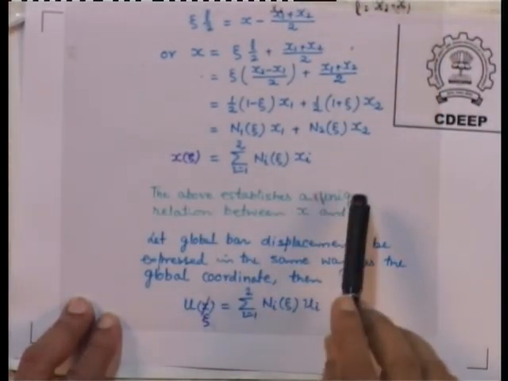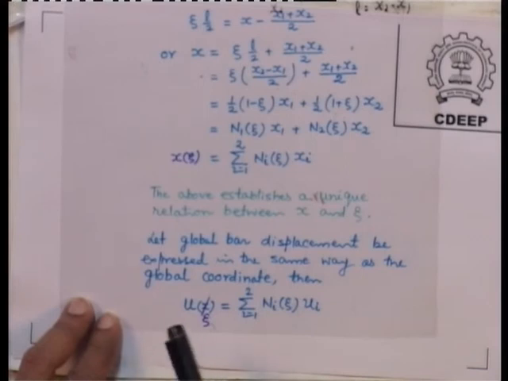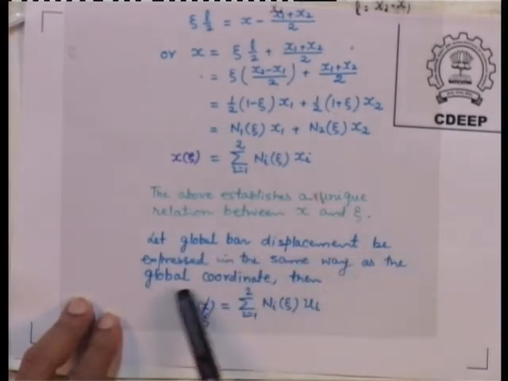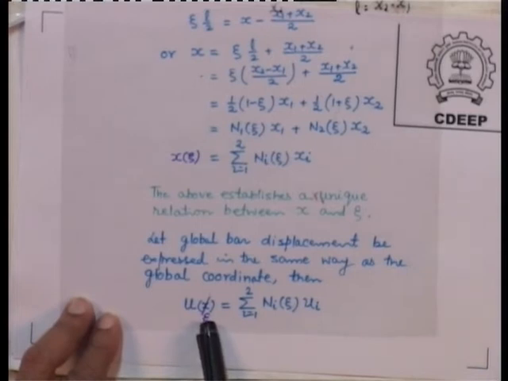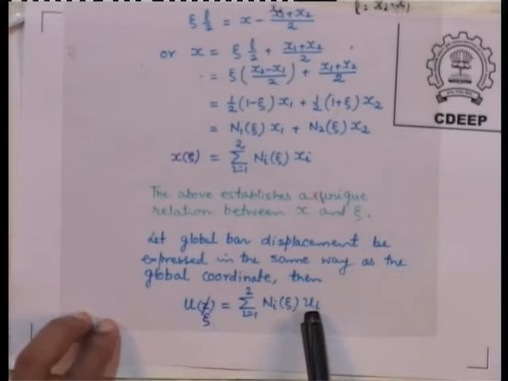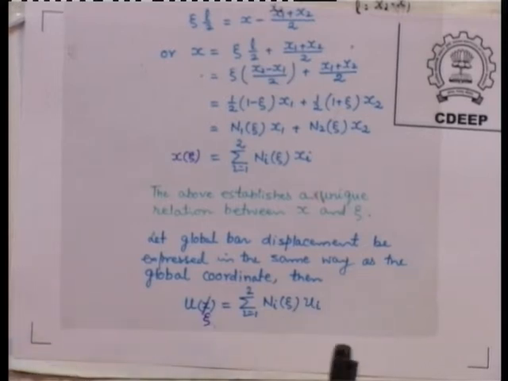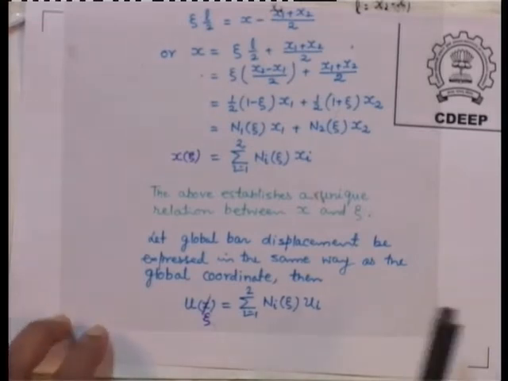Now this is a very new result. Let us express displacement also in terms of the local coordinate. I am saying u as a function of psi within the element is the sum of ni psi ui.